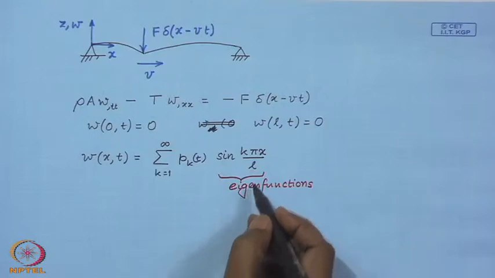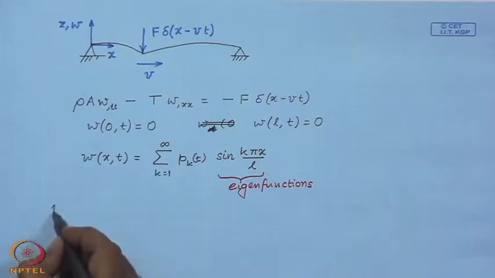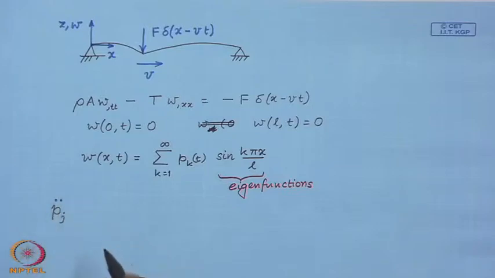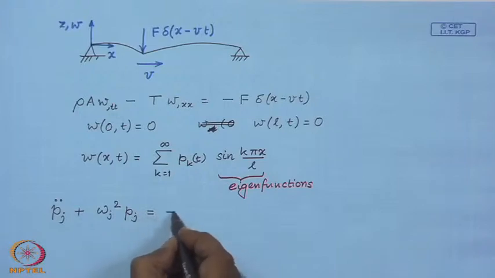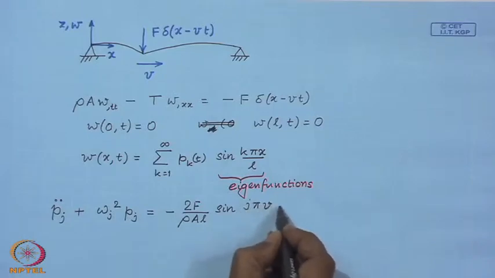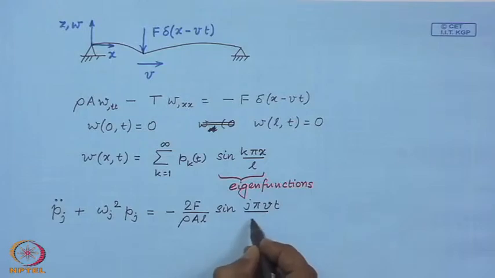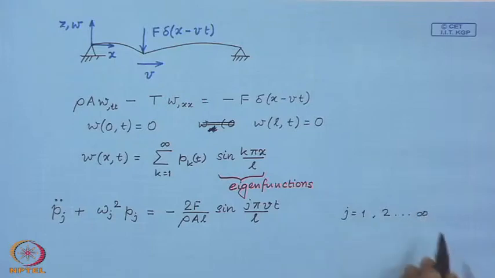Now, if you substitute this in here and follow the procedure that we just now discussed, then for the jth mode the discretized equation of motion appears to be in this form, where this is omega j.